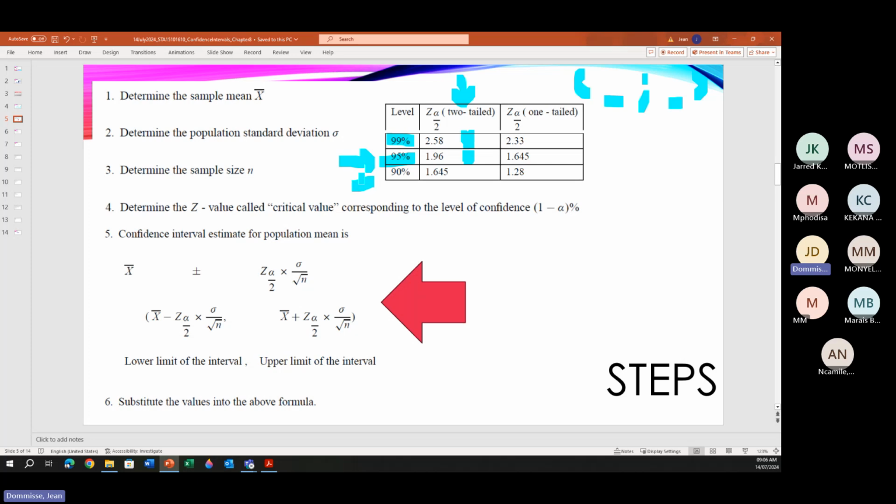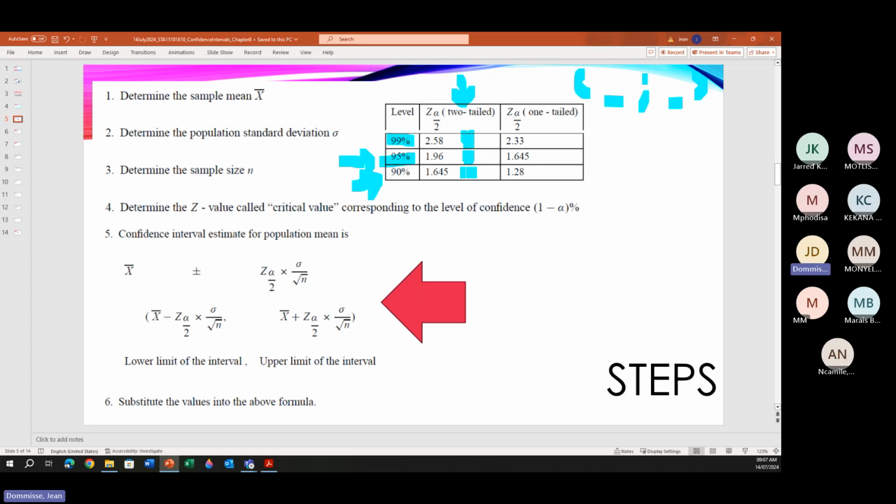And if they tell us 90, we can use 1.645. Okay, so I'll show you as we go through some of the examples how we do that.